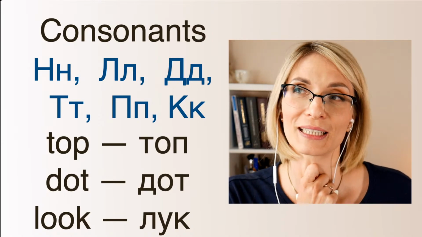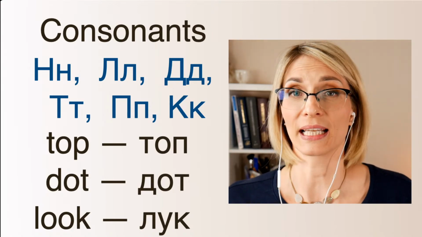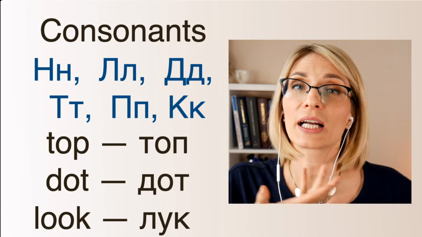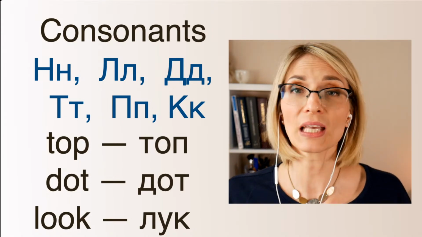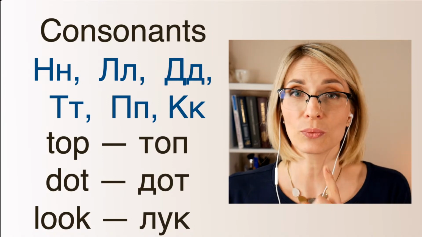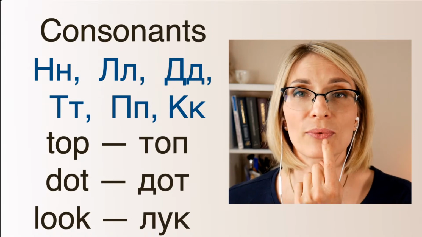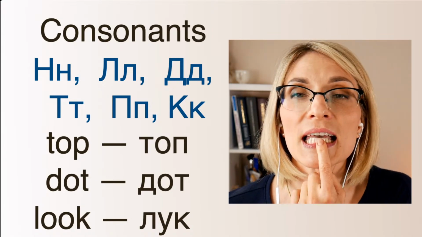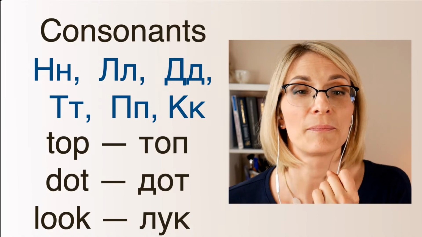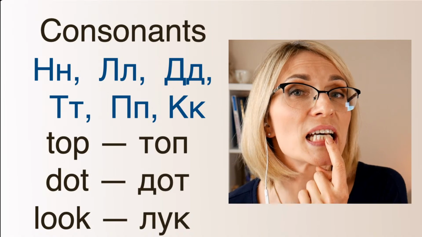A lot of non-native Russian speakers pronounce n and l at their alveolar ridge, which is the bump behind your teeth. You don't want to do that. What you want to do is put the tip of your tongue right here. N, l, d, t.